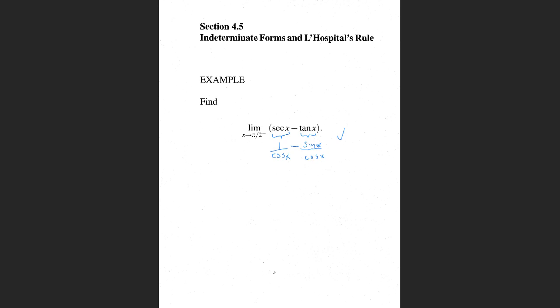So what happens as x goes to 90 degrees, to pi over 2? What do both the secant and the tangent go to? It might be easier to look at how they're defined.